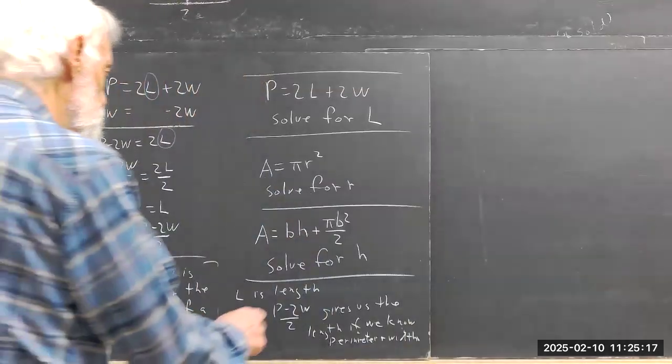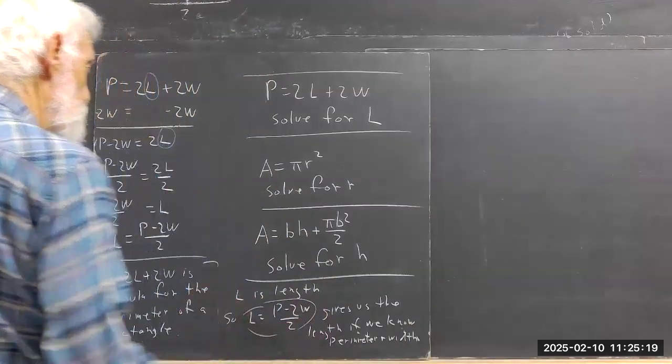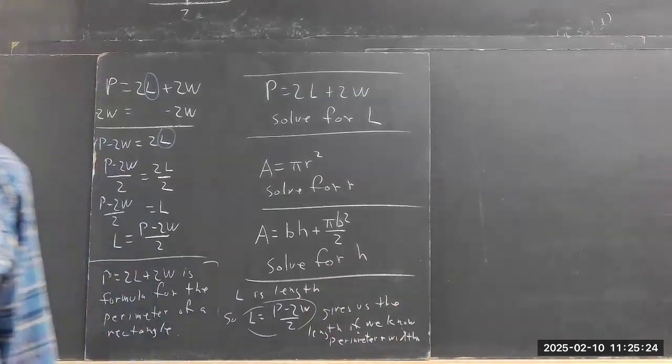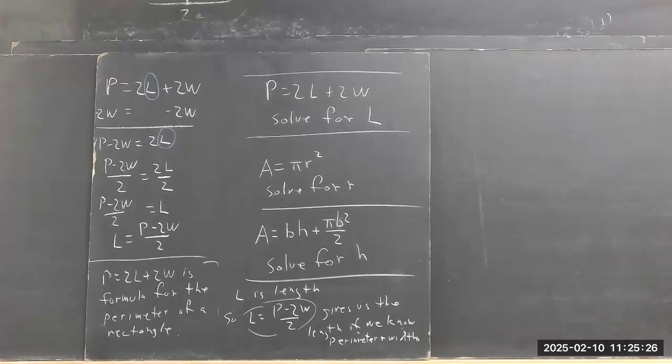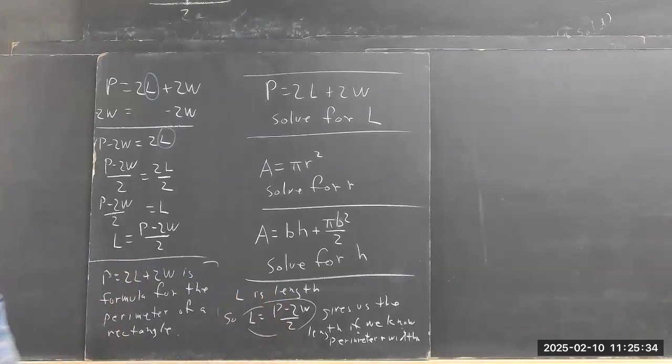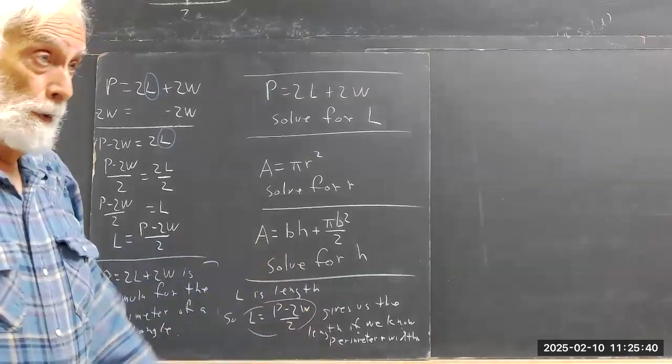And this formula gives us the length if we happen to know the perimeter and the width. So if we had a bunch of rectangles, we could take that formula very quickly and calculate all the lengths. That's an unlikely scenario. We probably wouldn't be in that situation, but if we were, we could do that.